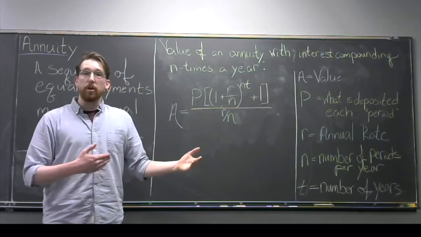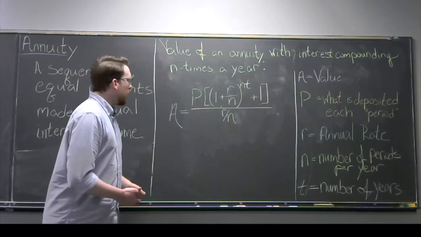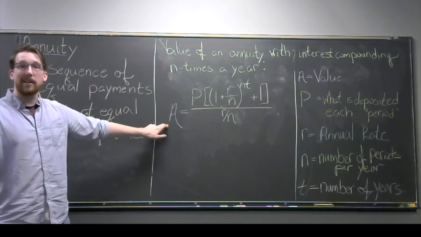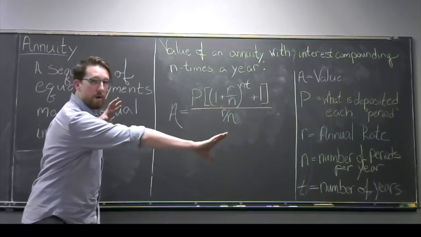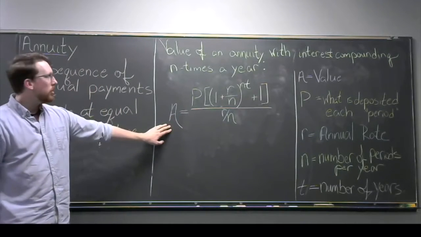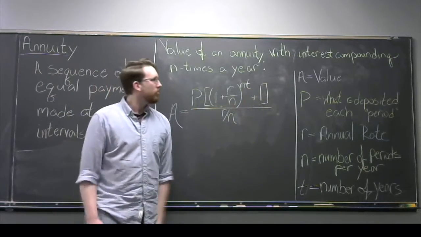So if you're paying monthly, N would be 12. And again, A is the amount that you have at the end, by the time all this is done. And of course, T is time, measured in years.